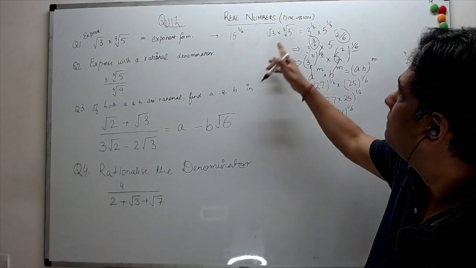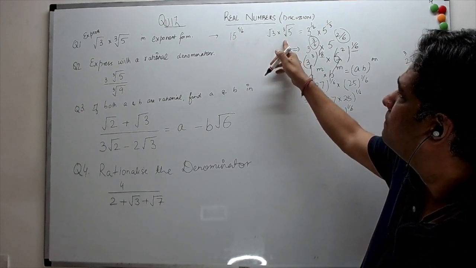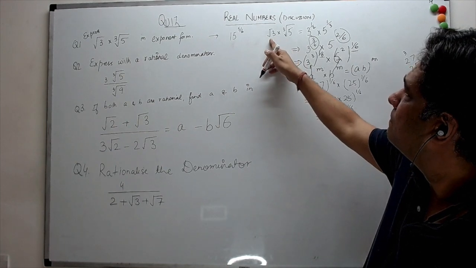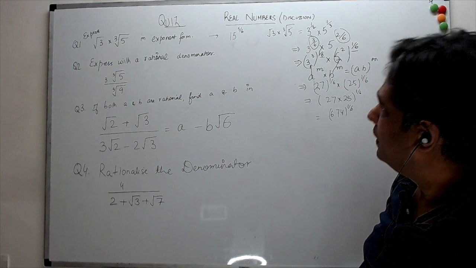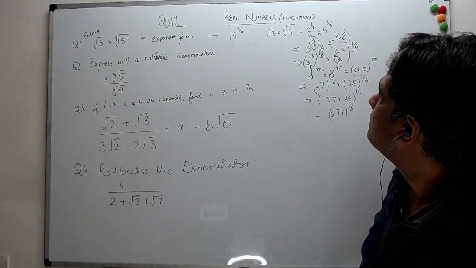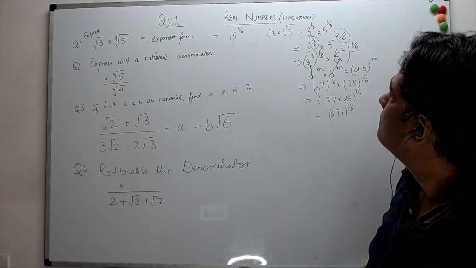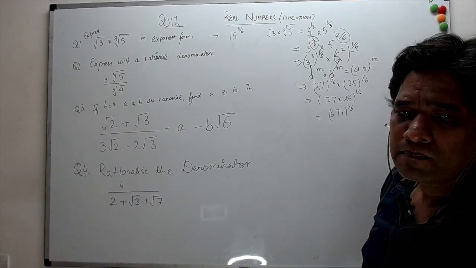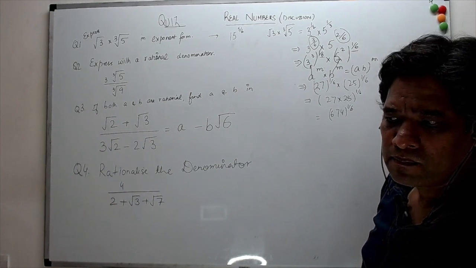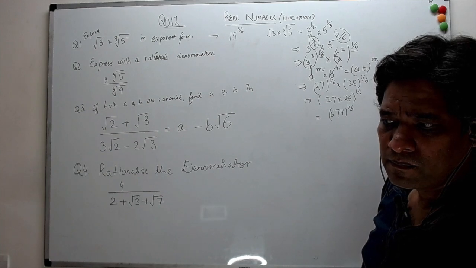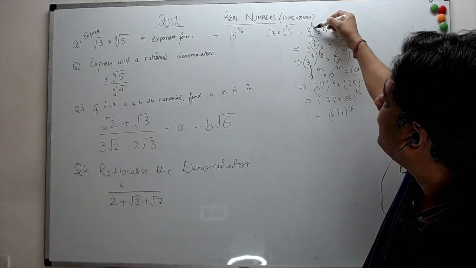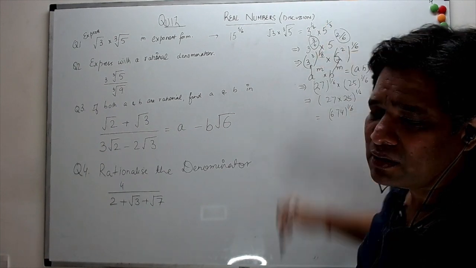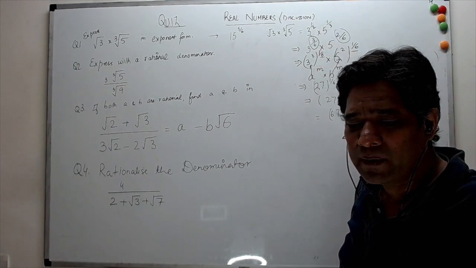So we converted root 3 equals 3 to the power 1 by 2, and then we further converted it into 3 to the power 3 by 6. So just like that, we can convert it into denominator 6. Yeah. So it is equivalent, right? 1 by 2, half, and 3 by 6, they are the same values, right?